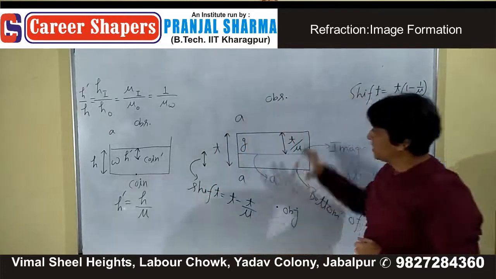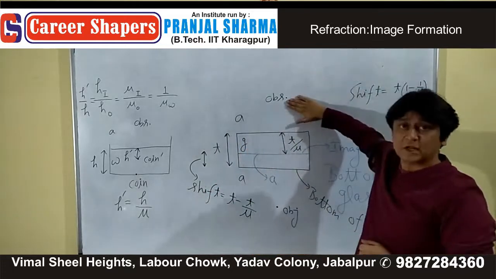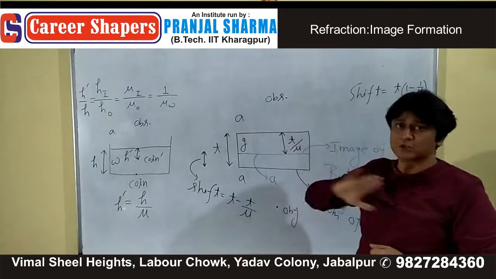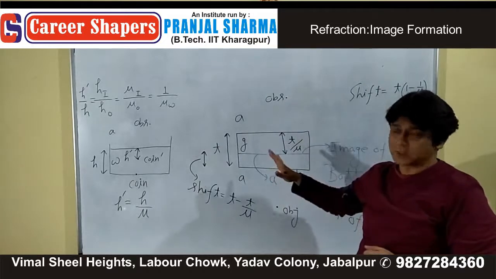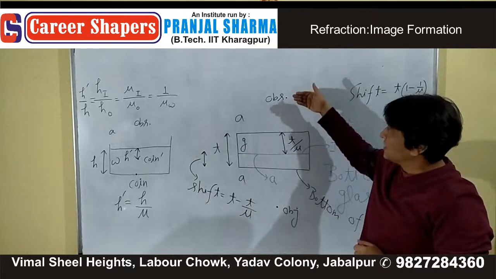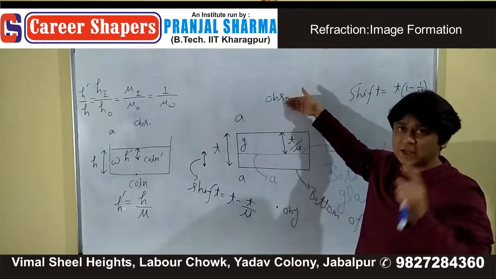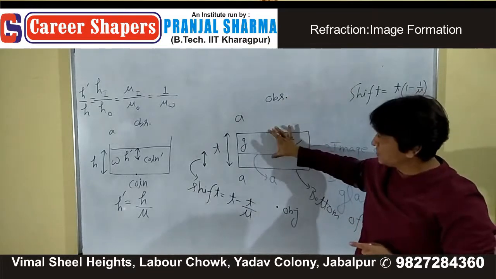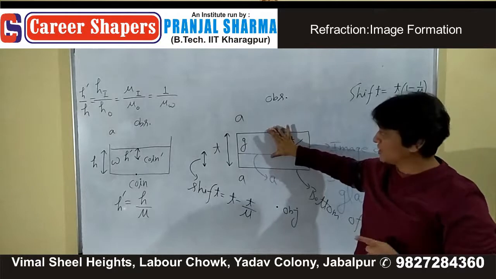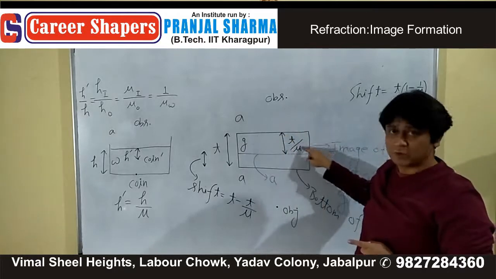That's what is happening here. For this observer, remember once again, there is no glass slab. Since he finds no glass slab, he says whatever is present right here has a thickness of T by mu.